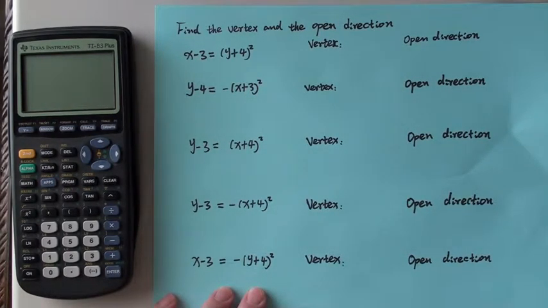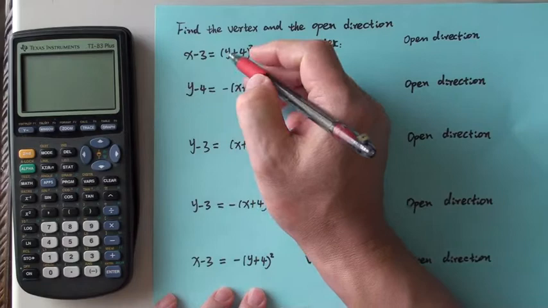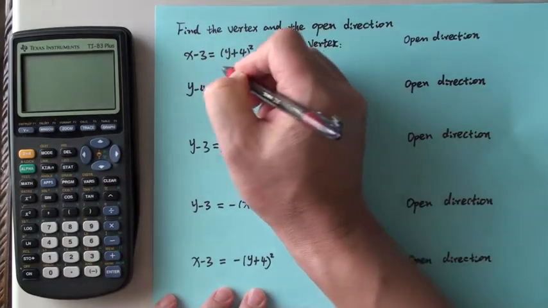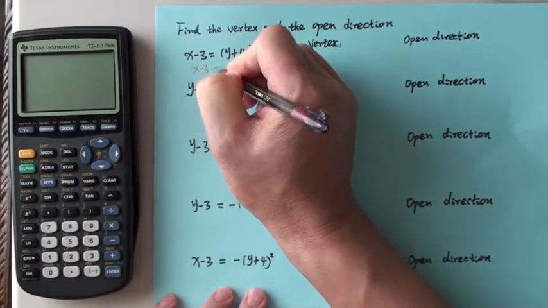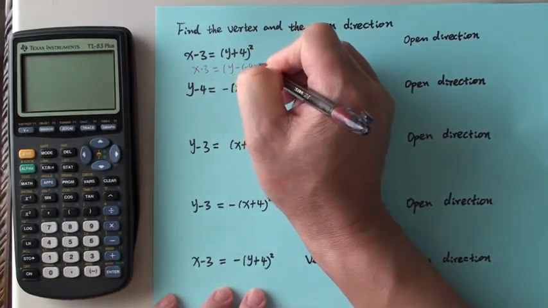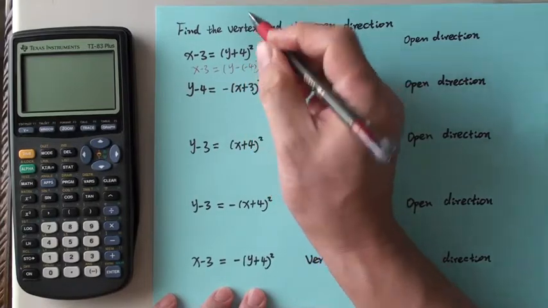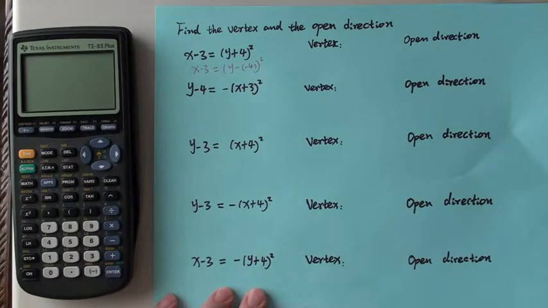Now remember, we can rewrite this equation. The first one is actually x minus 3 equals (y minus negative 4) squared. This one, minus minus is plus.